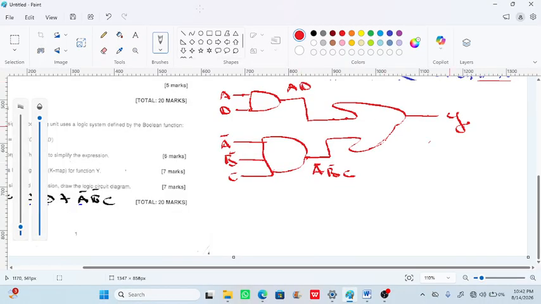So our y is equal to AD plus not A, not B, C. Okay, so this is our y. It ends there, without wasting much of the time writing, no, this is my gate. I put a note there, so this is what you're going to have.